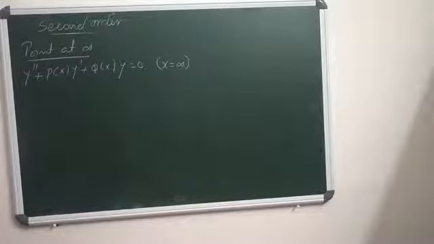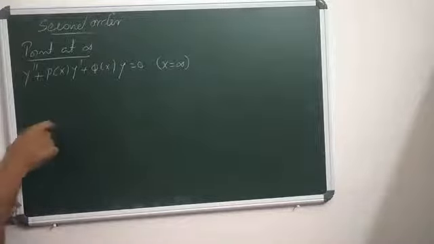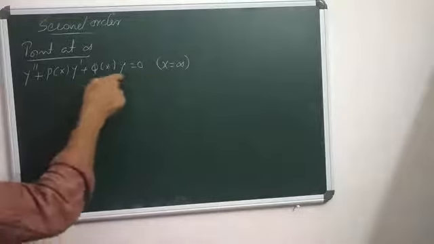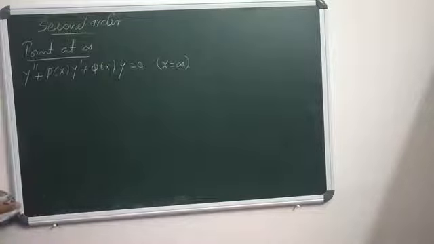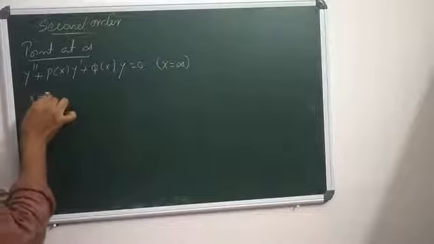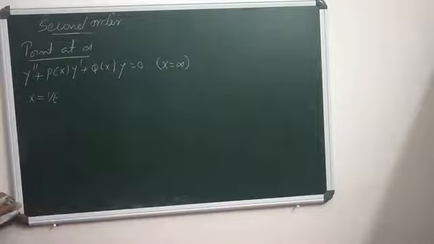So, for large values of the independent variable x, only for the sake of argument, we change the independent variable x to t by the transformation x equals 1 by t.